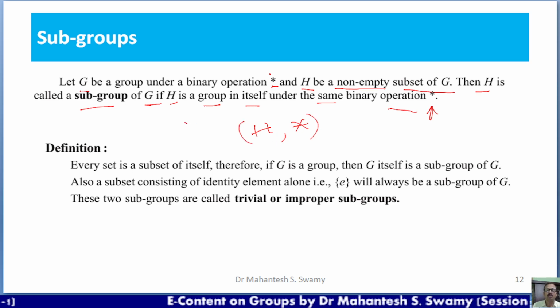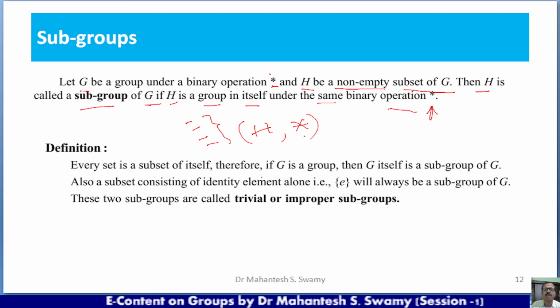It should satisfy all the 4 properties which we have already defined for a group. This H should satisfy all these 4 axioms with respect to the same binary operation star.